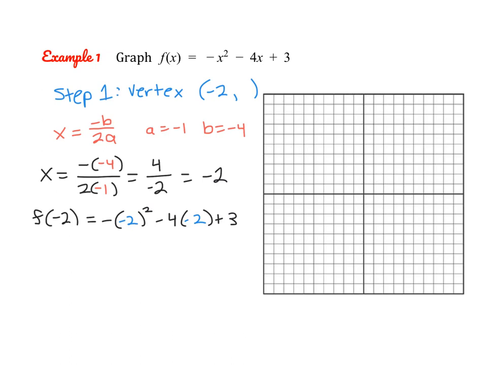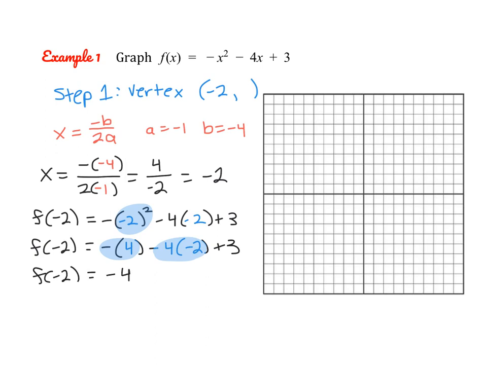So now I'm going to start following my order of operations to simplify. We always start with our exponent. So we have -2 times -2 is +4. Minus 4 times -2 plus 3. And now we can do our multiplication here and here. f of -2 equals -4 plus 8 plus 3.